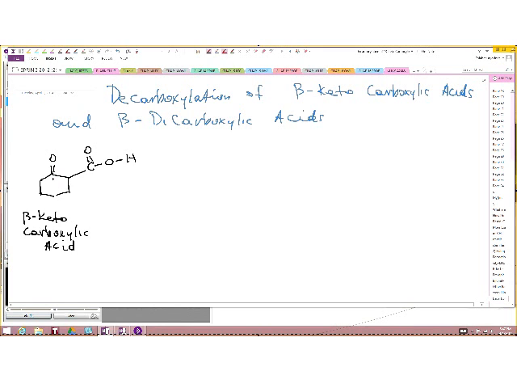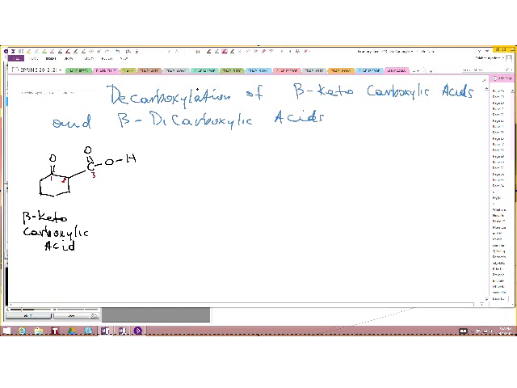Why do we say beta keto carboxylic acid? If you look at this here, we number the carbonyl as 1, 2, and 3. Now if we use the Greek symbols, carbon number 2 will be called the alpha carbon. Relative to the carbonyl carbon, carbon number 3 will be called the beta carbon.